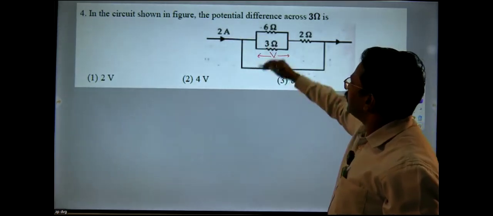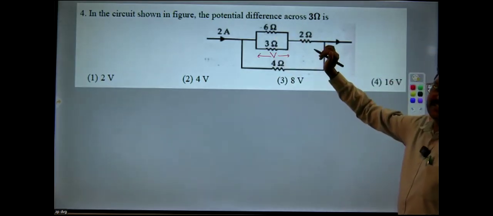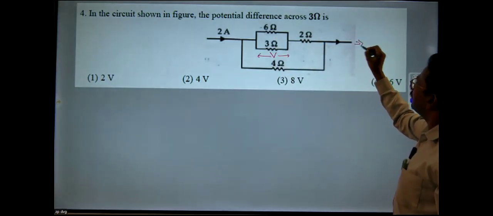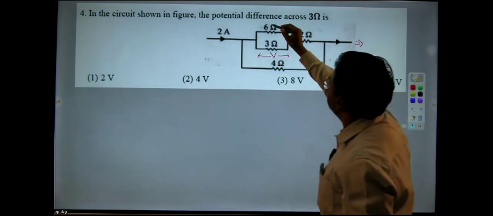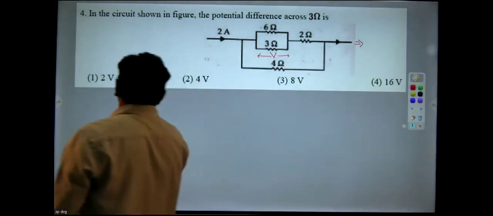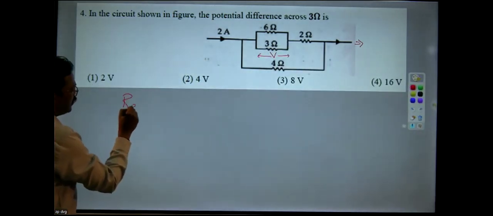Here there are two branches. For these two branches, the current is dividing. Let's find out how the current is dividing. For that, let me write an equivalent diagram. If we redraw this diagram, see here 6 and 3 are in parallel combination. So what is the value of equivalent resistance for the parallel combination? Let me write it as RP.